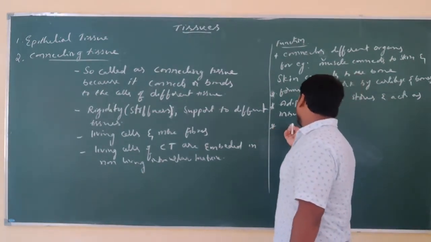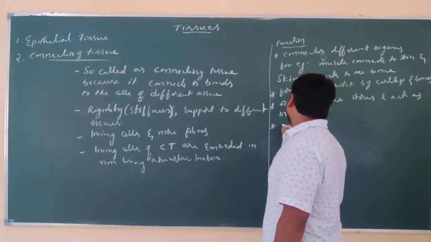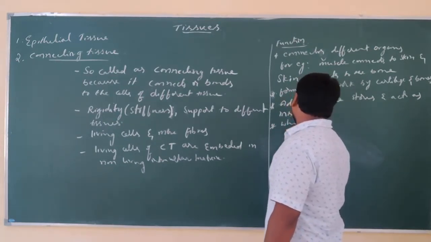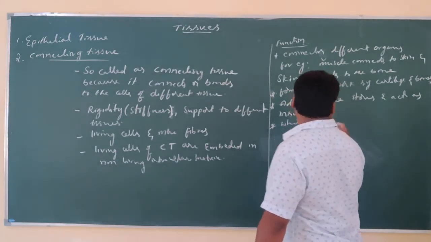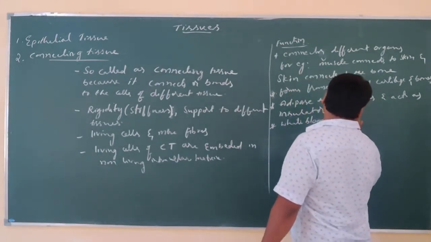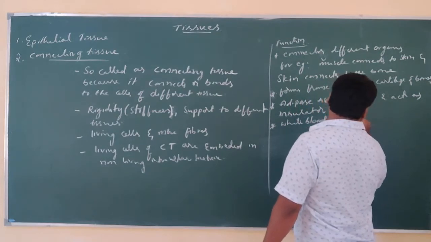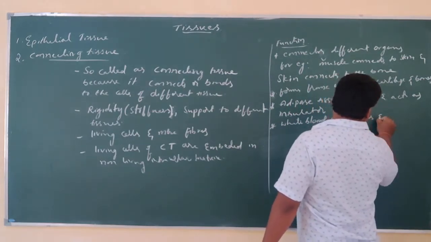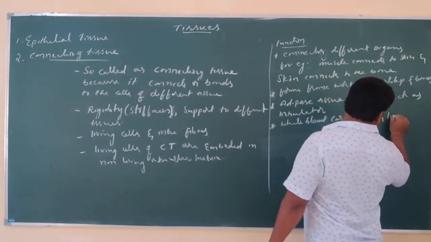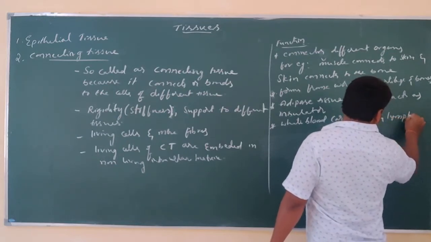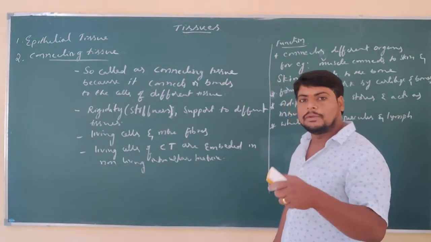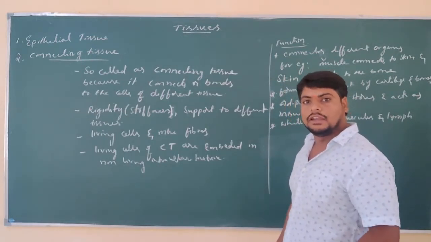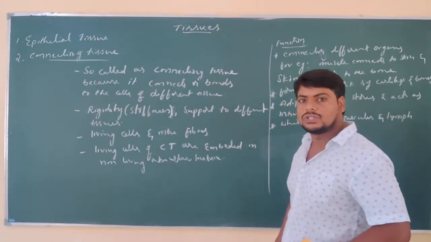And next important, white blood corpuscles and lymph. These white blood cells are found in blood. Why? Because blood is also one type of connecting tissue, and lymph is also another type of connecting tissue.